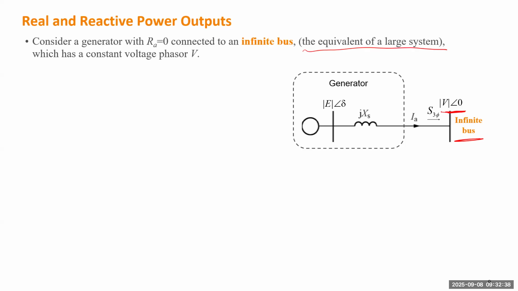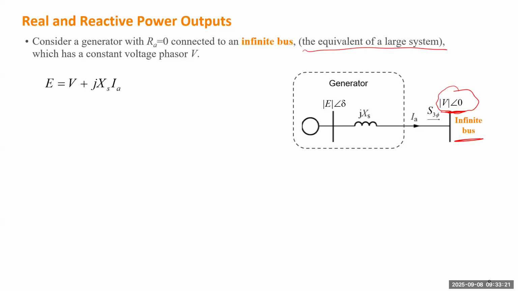Because the system is so large, no matter whether the generator is behaving as a source or load, the infinite bus will compensate whatever it provides. If the generator generates any complex power, the infinite bus will consume everything the generator generates, or provide whatever the generator needs, as if the generator behaved like a load. That won't change any condition for this infinite bus. That's called the infinite bus, but in reality, it's just the equivalent of a large system. So now we can have a constant voltage at this point, which makes the calculation much easier.